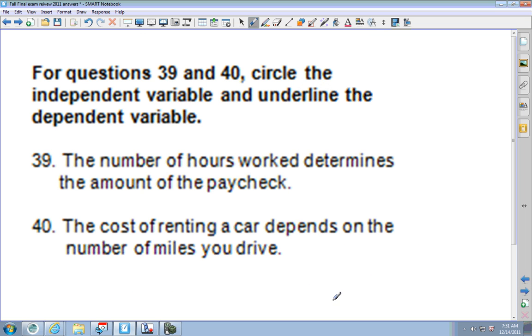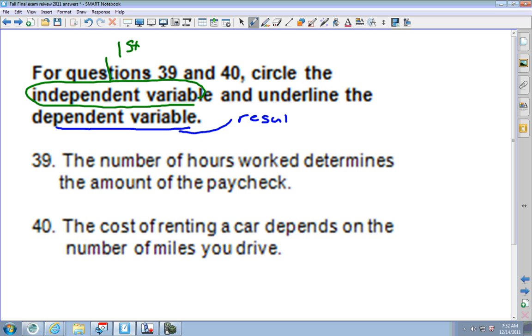Next, it says circle the independent variable. See, this is what I do. I circle it, and I underline the dependent, because you never know how they're going to ask you. Now, remember, independent is what happens first. Dependent is the result. Well, the number of hours worked determines the amount of your paycheck.